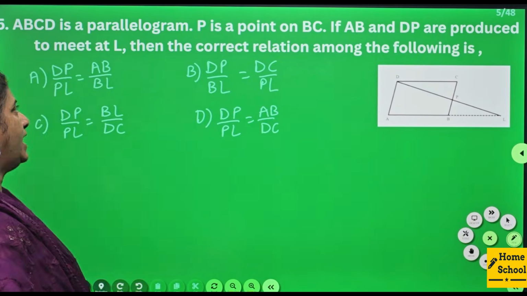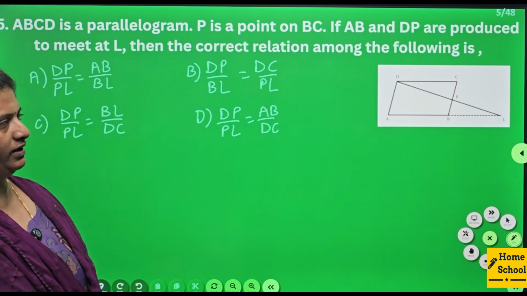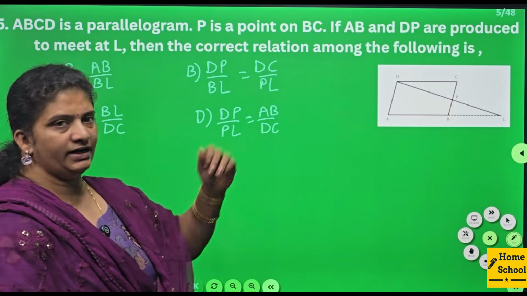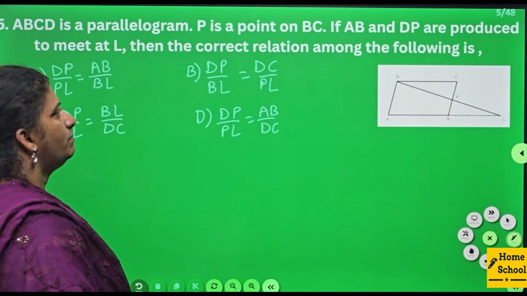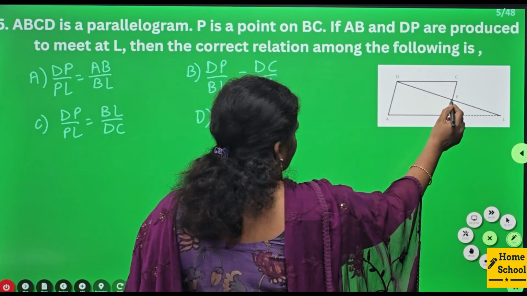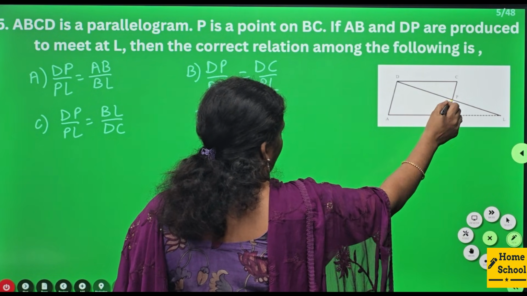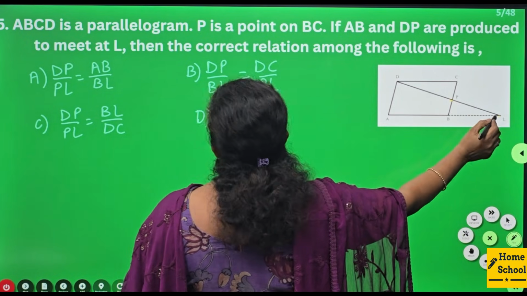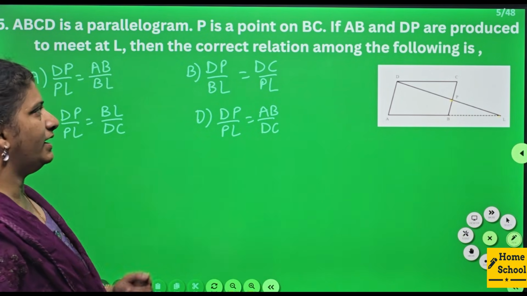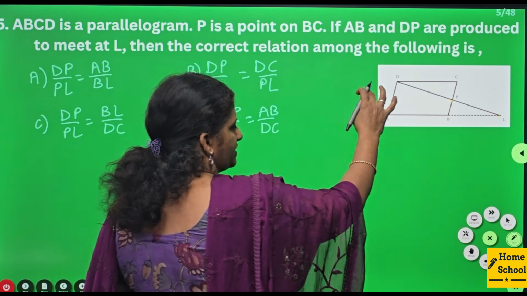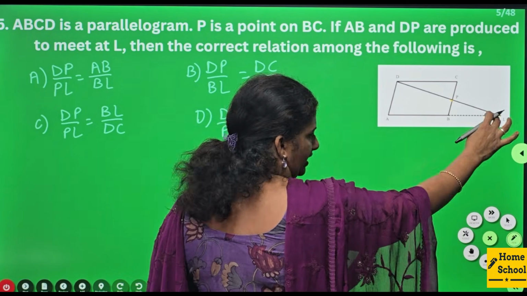Fifth one, ABCD is a parallelogram. You can see a parallelogram over there. ABCD is a parallelogram. P is a point on BC. This is the point P. If AB and DP are produced to meet at a point L, then the correct relation among the following is. So try to observe here. There is a triangle you can see.